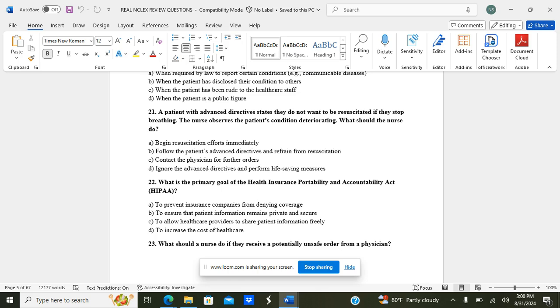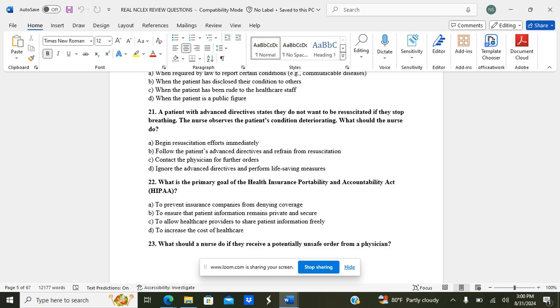What should the nurse do? But remember the law. The law says the patient signed a contract not to resuscitate him or her. So let's see what the nurse should do. A, begin resuscitation efforts immediately. No. Remember, you cannot resuscitate the patient because the patient signed a contract.